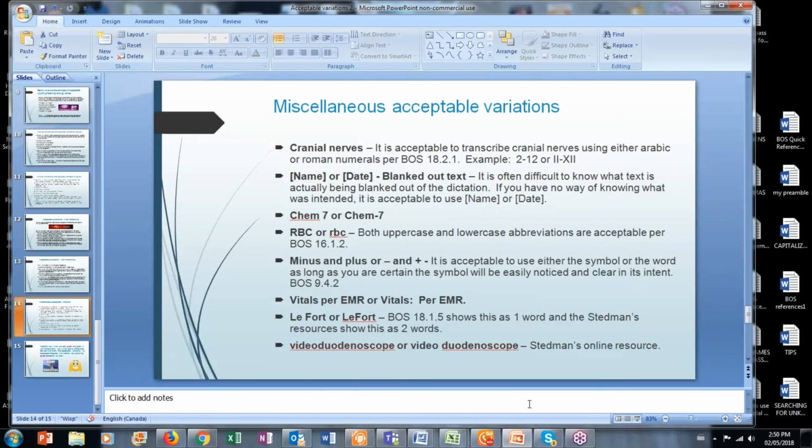And minus and plus or in the symbols. It is acceptable to use either the symbol or the word as long as you are certain the symbol will be easily noticed and clear. And you can see that on BOSS 9.4.2.